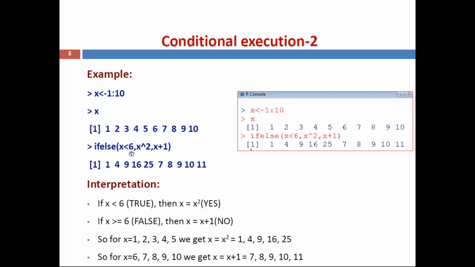Then coming to 6 less than 6, it won't satisfy. Our condition does not include 6, so this condition fails. For x as 6, it executes the no value x plus 1. So for x equal to 6, 7, 8, 9, 10, we get x plus 1: 6 plus 1 is 7, 7 plus 1 is 8, and so on, 10 plus 1 is 11. Now the two parts are combined and displayed in the form of a vector.